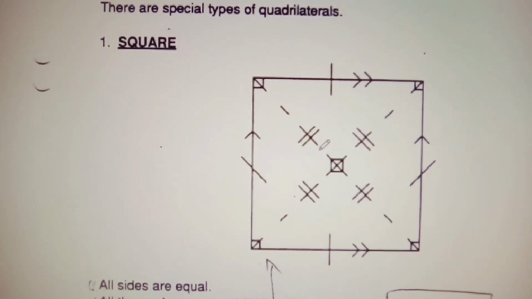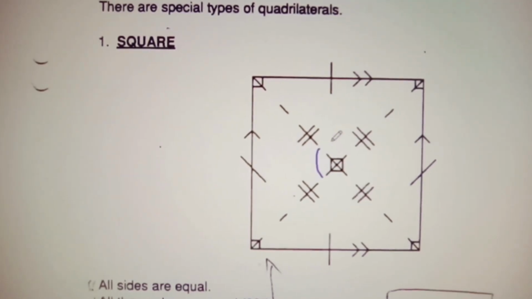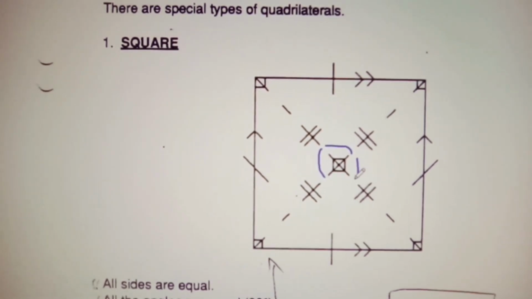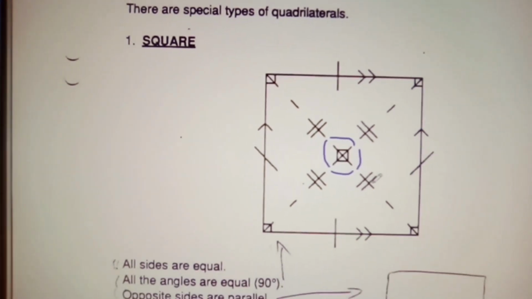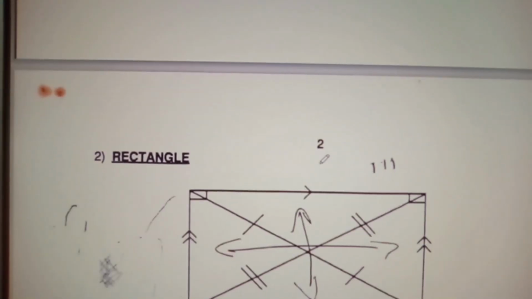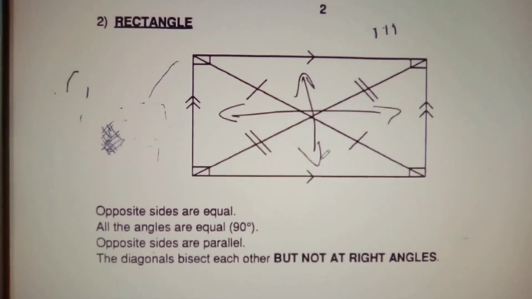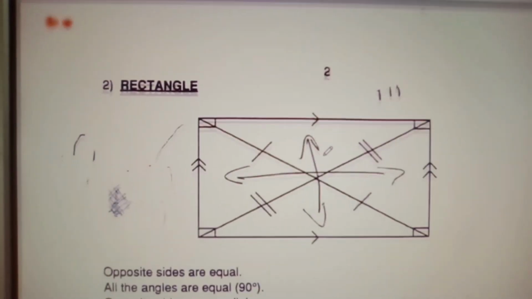That would be a right angle, and that would be a right angle too. Just showing you the difference in the two. Let's go back to the rectangle.